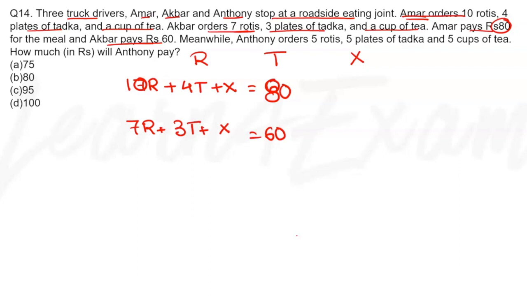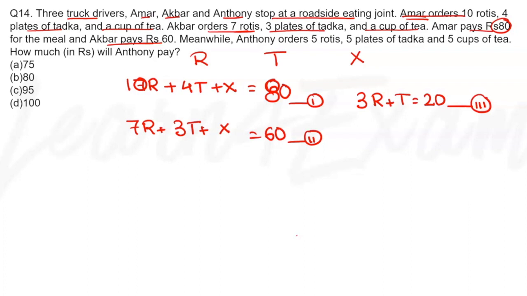This is what we know as of now. Now, if we subtract the second equation from the first, what do we get? I get 3R plus T to be equal to 20. This is the first equation. This is the second equation. Let's keep this as the third equation, right?